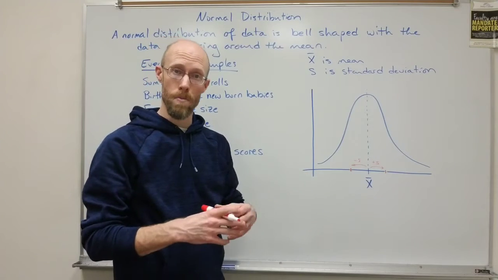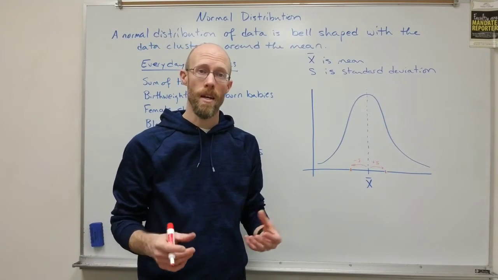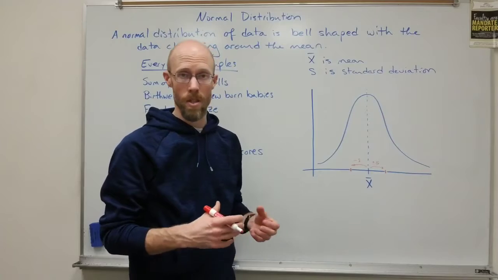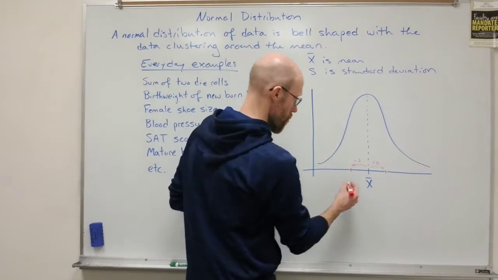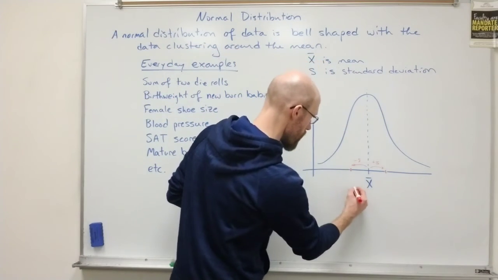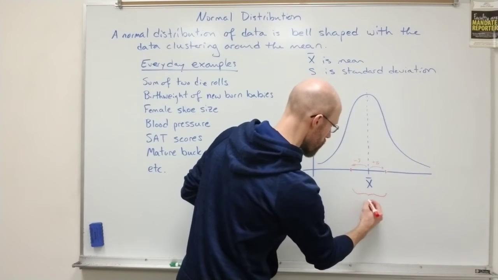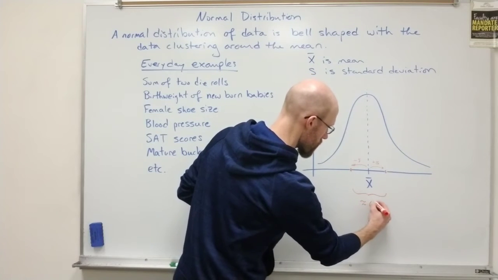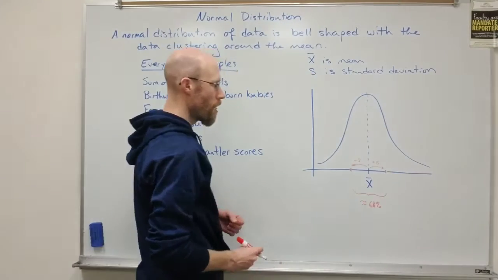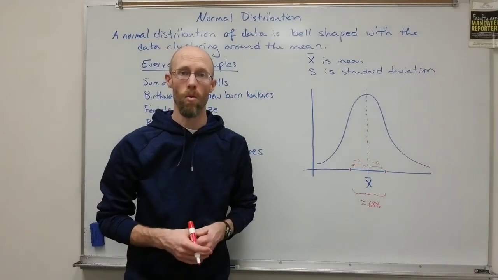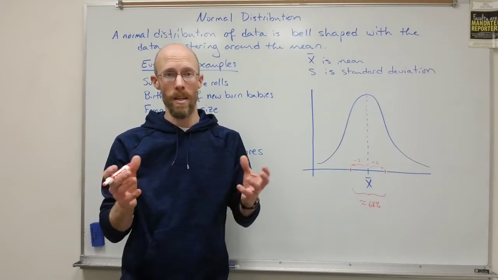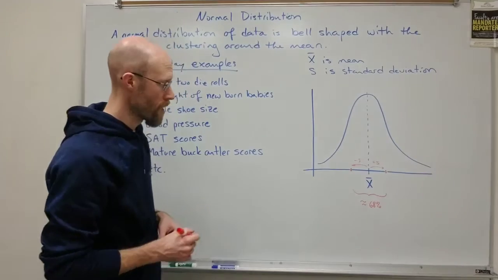And so, especially the larger those samples get, the more likely you are to be around 68%. Okay, so within one standard deviation, you'll tend to have approximately 68% of the data items on either side of the mean, okay?